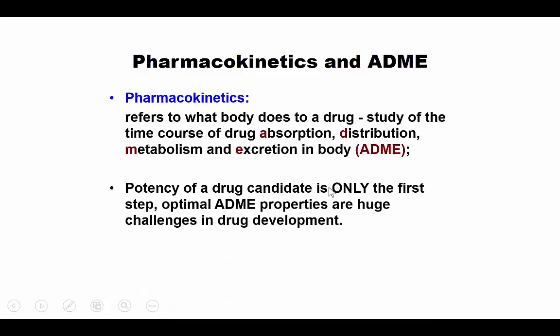In comparison to pharmacokinetics, the activity or potency of the molecule we call the pharmacodynamic property. So we have two different aspects. Pharmacokinetics is how our body treats the molecule: how it absorbs it, distributes it, changes it, and eventually removes it.